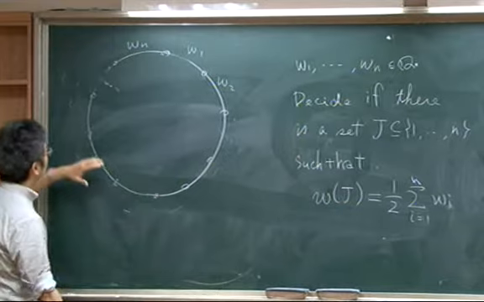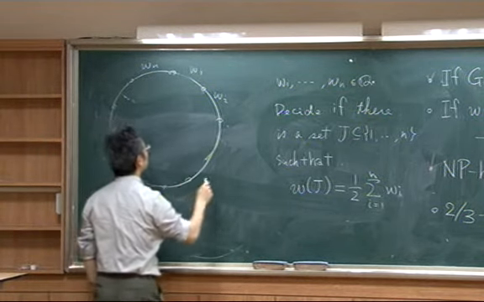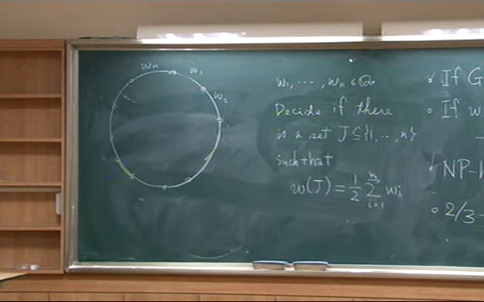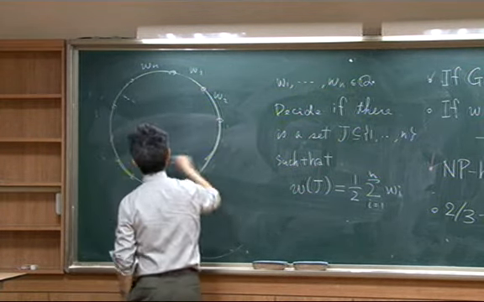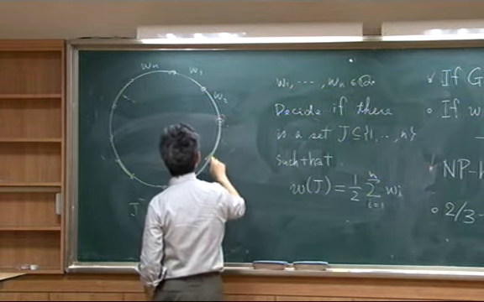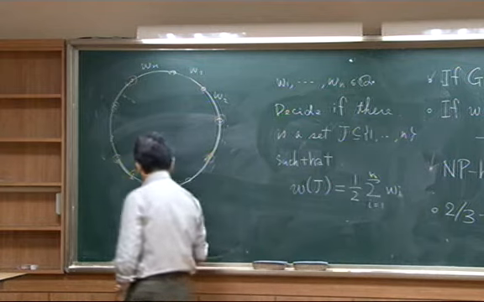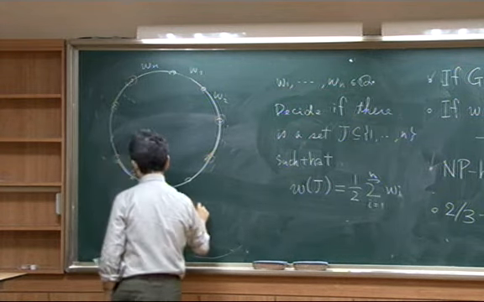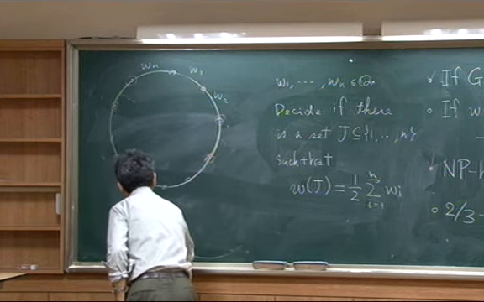Because if you take any subset, let J be any subset, then you can think of the vertices which have odd degree in J. These are T, and then J is a T-join, and also E minus J is also a T-join.